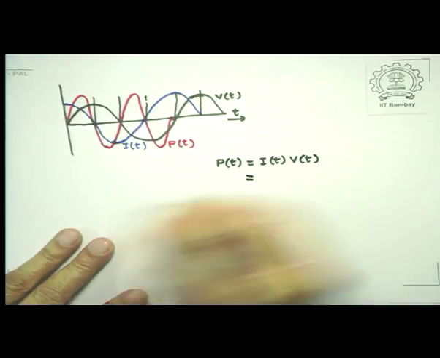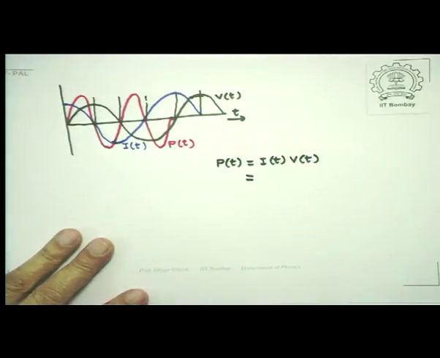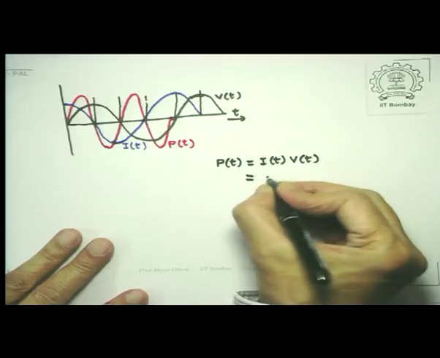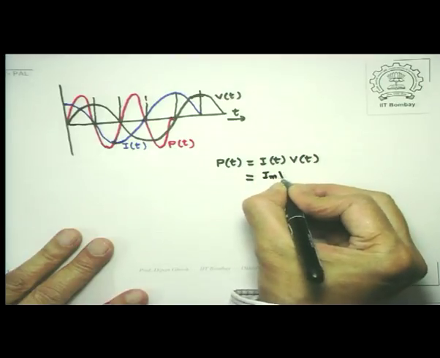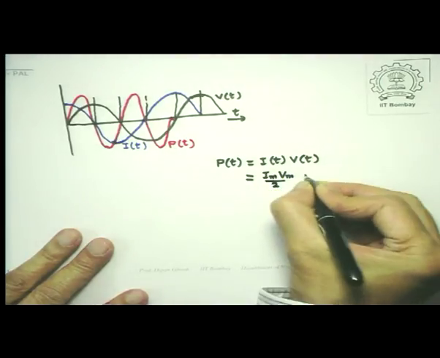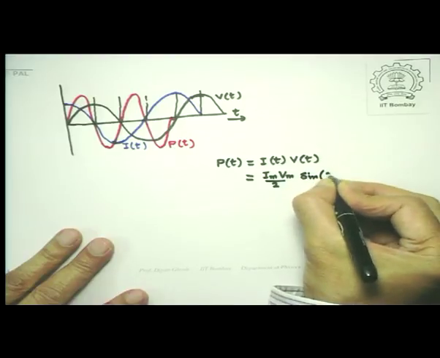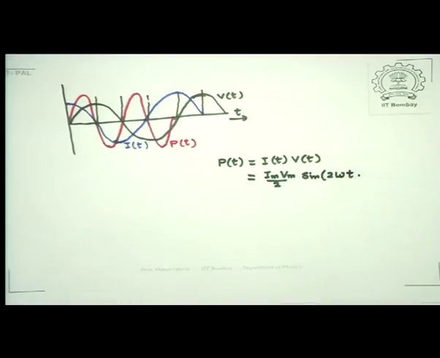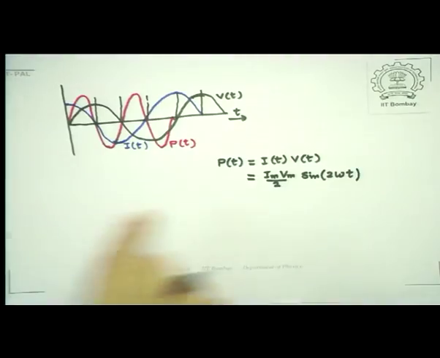And since I varies as cosine and V varies as sine, what I get here is Im Vm by 2 into sine of 2 omega t. So you notice that the period of the power is half the period of either the current or the voltage.